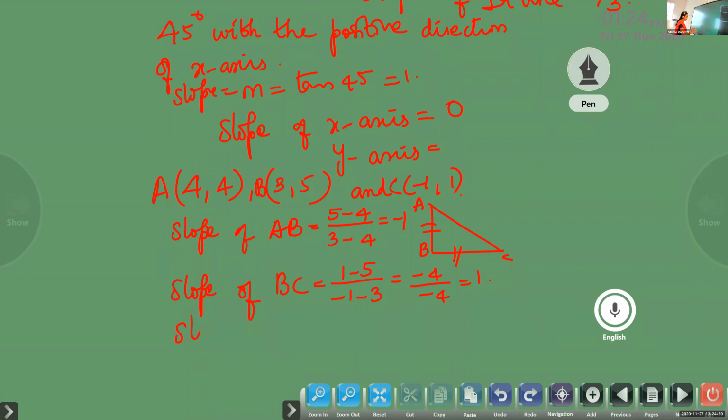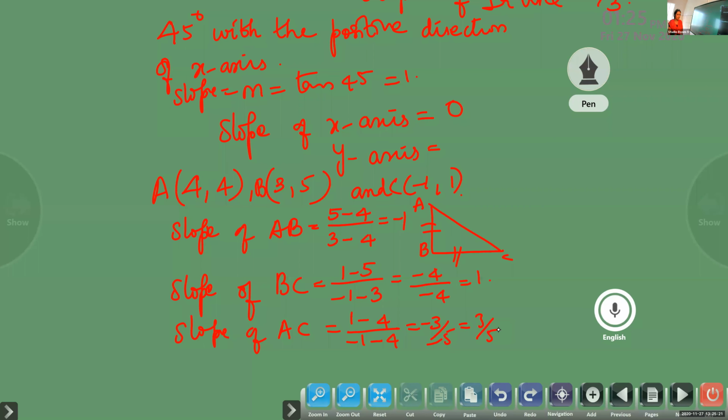What is the slope of AC? Slope of AC is 1 minus 4 by -1 minus 4. So slopes are not equal, isn't it?